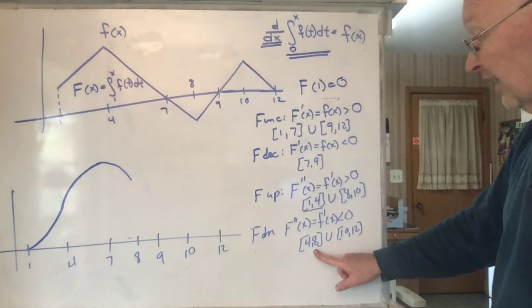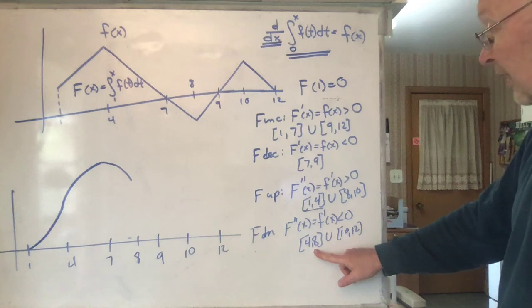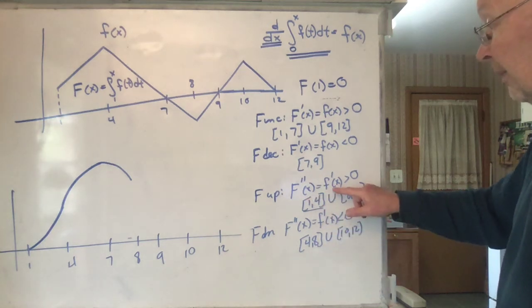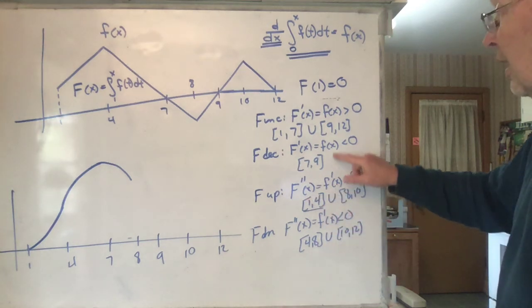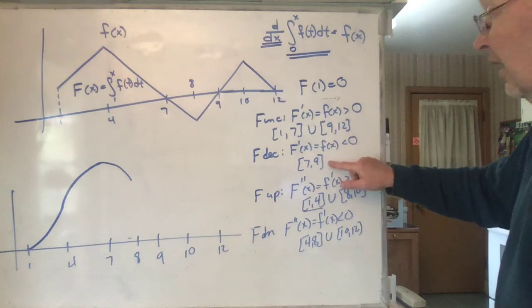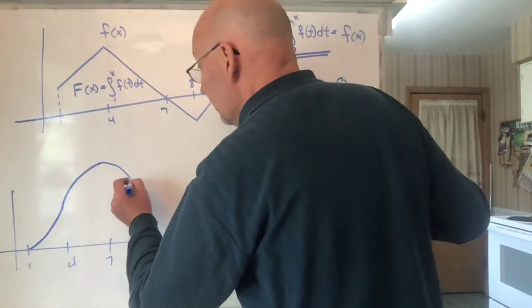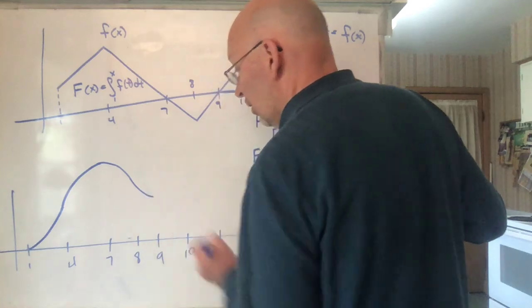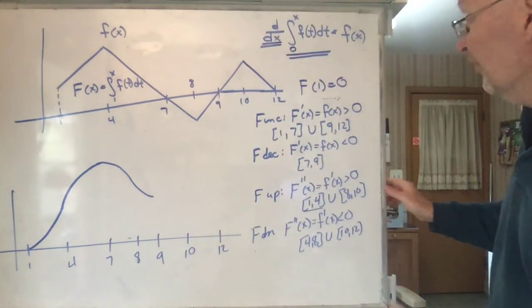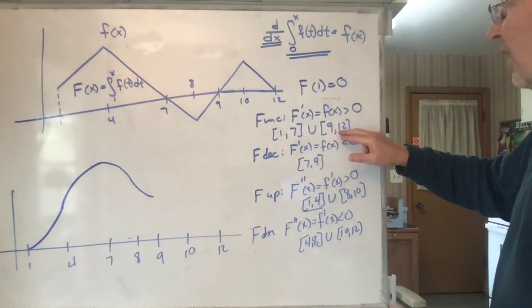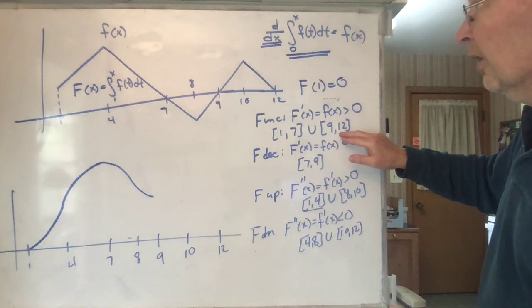Once I pass 8, it is now concave up, and it is still decreasing until I get to 9. Once I pass 9, it starts increasing again all the way to 12.